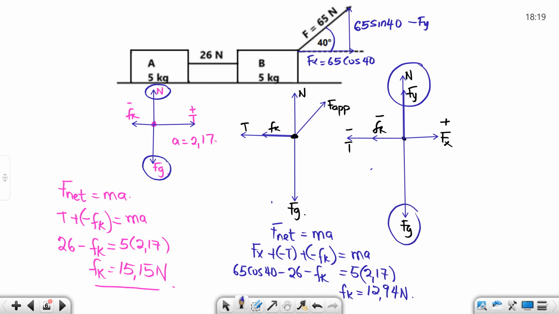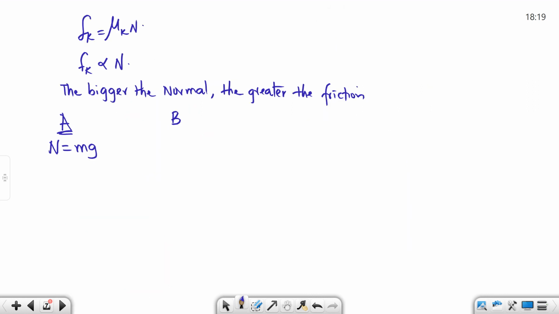How many down? 1. Remember what I said? The object is moving horizontally, so the vertical forces are at equilibrium. So N plus Fy equals to what? Fg. N plus Fy equals to what? Mg. What is N here? Mg minus Fy.